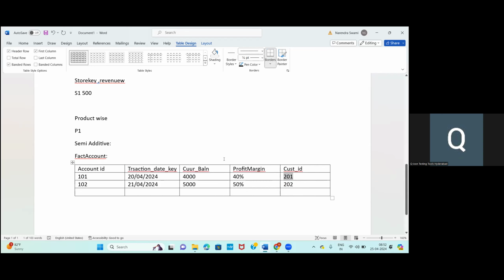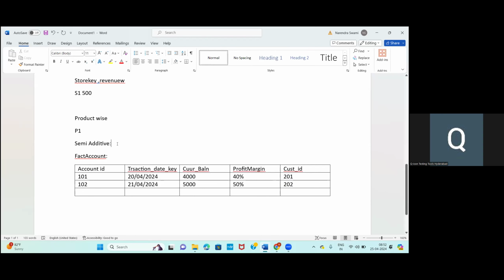But are we using the profit margin to derive something? No, right? So here, if you want to derive something, we are using some of the columns to derive something, and that is called semi-additive.